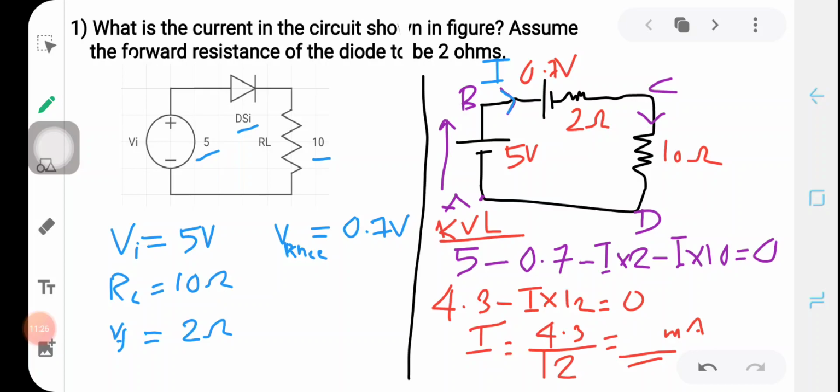In order to ensure your participation in the lecture, I will upload it in the Google Classroom. You have to go to the Google Classroom and comment the numerical value of this answer.